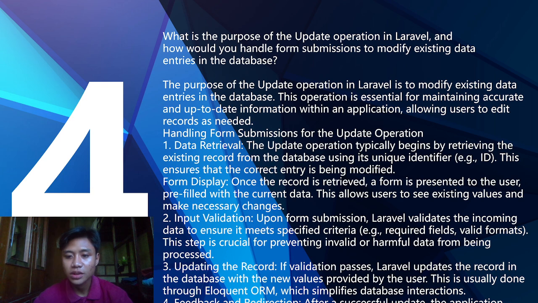Upon form submission, Laravel validates the incoming data to ensure it meets specified criteria. Updating the record. If validation passes, Laravel updates the record in the database with the new values provided by the user.